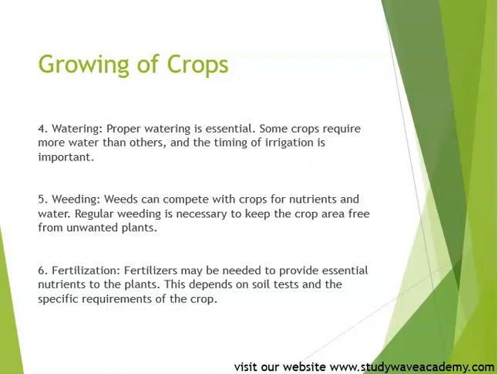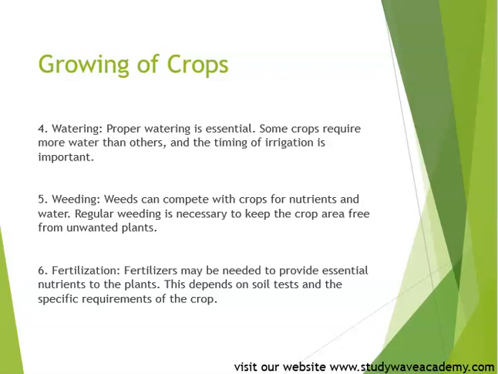Then we have watering. Number 4, watering. Proper watering is essential. Some crops require more water than others, and the timing of irrigation is important. Weeding. Weeds can compete with crops for nutrients and water. Regular weeding is necessary to keep the crop area free from unwanted plants.